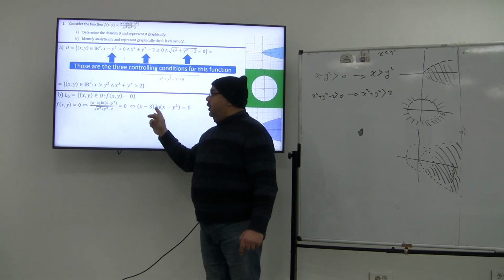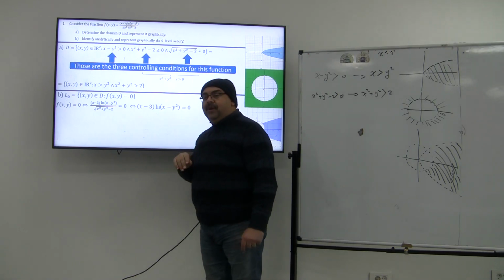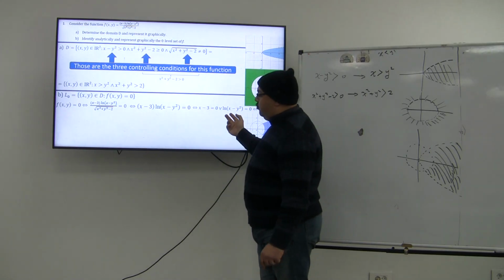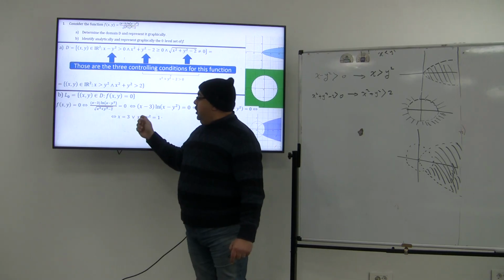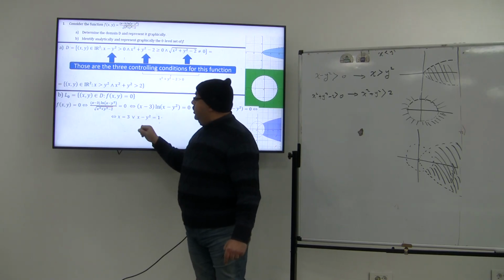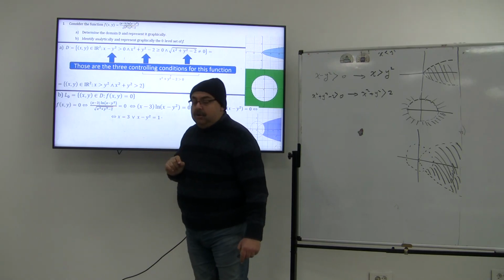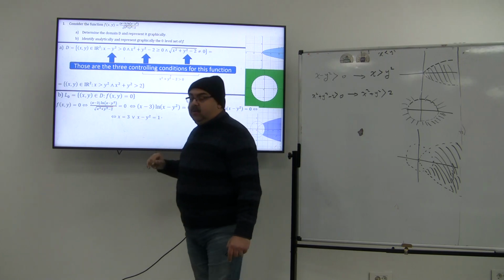Once you put the numerator equal to 0, you will have two solutions: either x equal to 3, or x minus y squared equal to 1. This is an equation of a parabola, but with a vertex at x equal to 1 and y equal to 0.